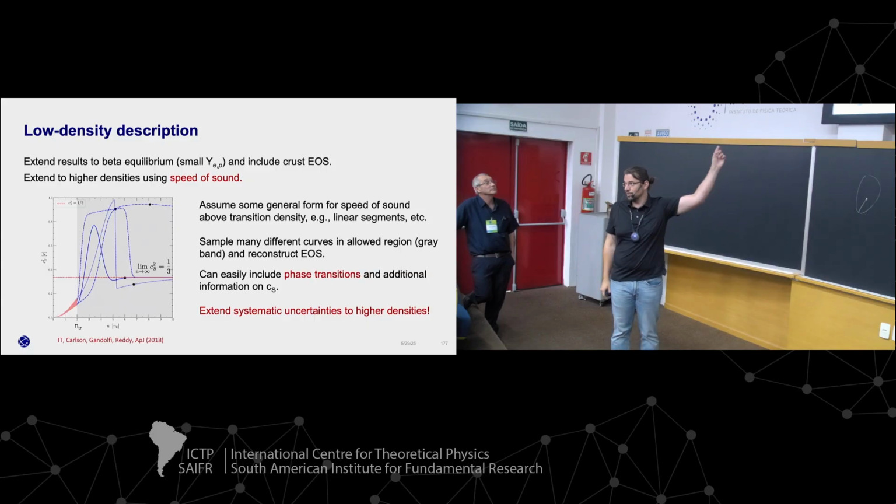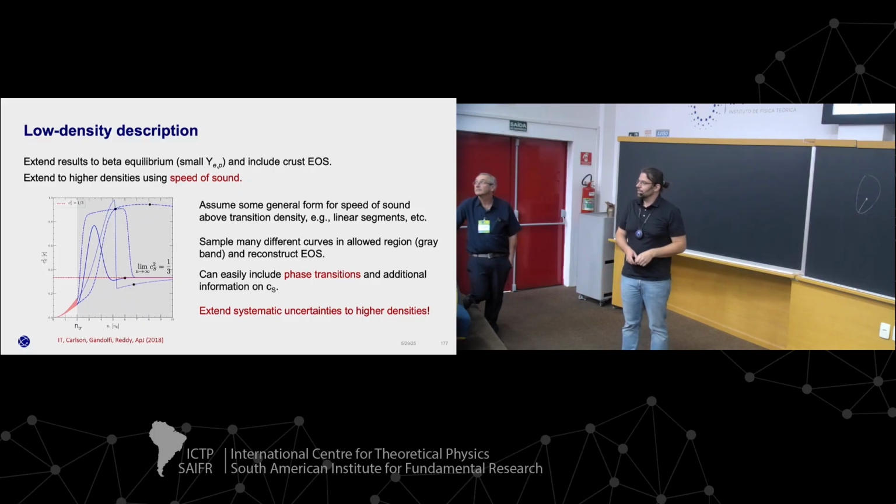I cannot tell you what made this curve look like this, but I know that this is the curve, and whatever degree of freedom exists in the neutron star will give you this speed of sound. So here we assume nucleons up to a certain density. In this plot, it's 2 times saturation density. It could be different. That's up to you. But everything beyond that, we just sample everything.